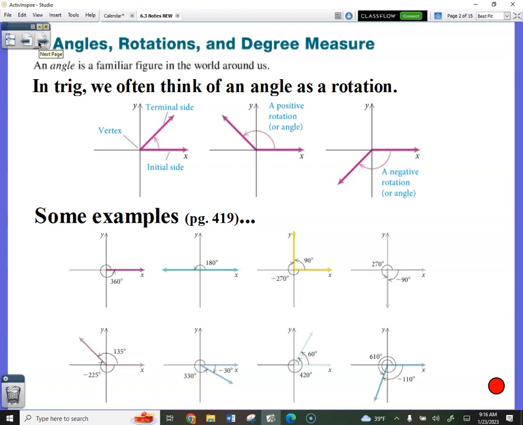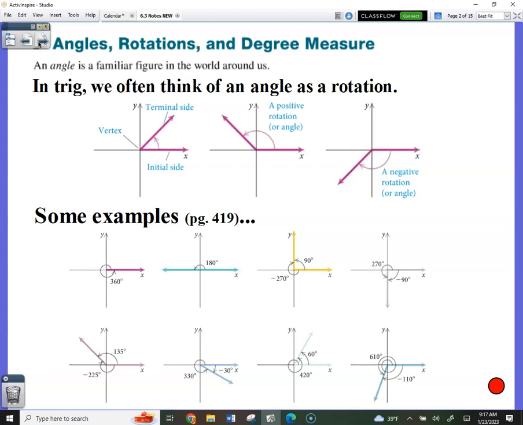So first, let's start by looking at this right here. Angles, rotations, and degree measures. An angle is a familiar figure in the world. In trig, we often think of an angle as a rotation. I need you to graduate from the geometry concept of an angle, where it's just the measure from one side of a triangle to another.